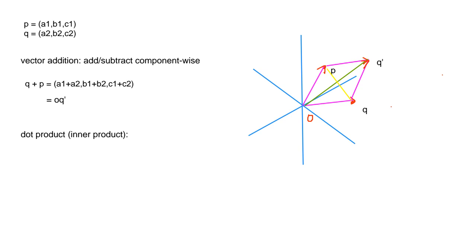Great, that's exactly what we do. A1 times A2, B1 times B2, C1 times C2. Yes, someone has mentioned cross product. So this is dot product, we multiply component-wise.